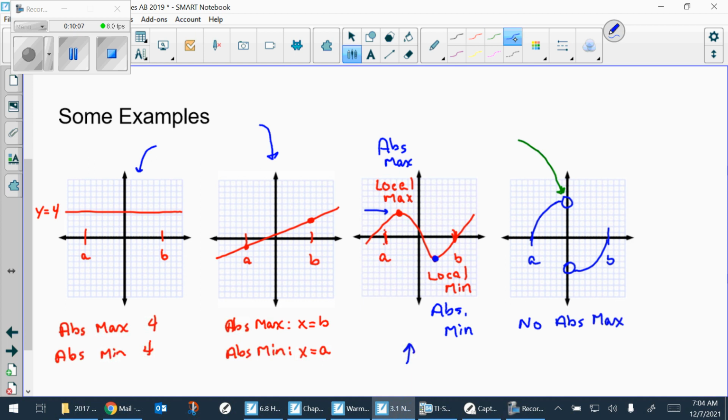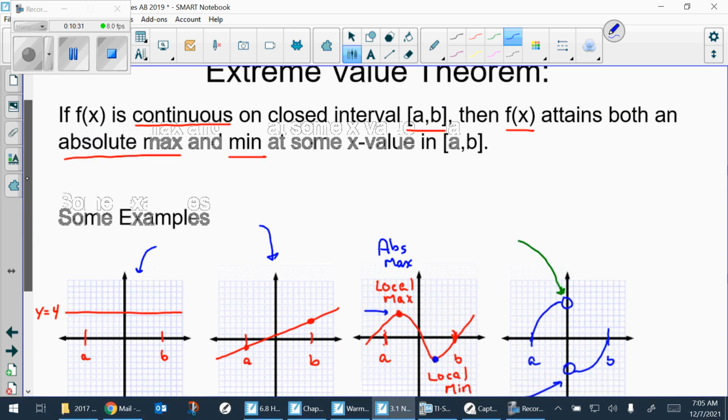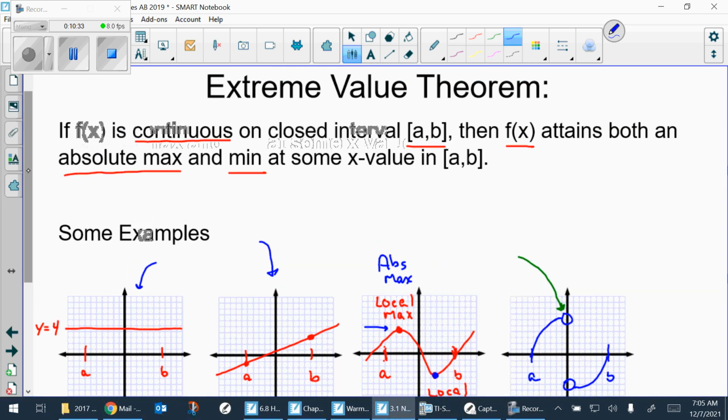And the same thing is going to occur down here at the bottom. There is no absolute min. Because you can't tell me the x value exactly, and you can't tell me the y value. You can only tell me what you're getting really, really close to. Now, does that violate this extreme value theorem?